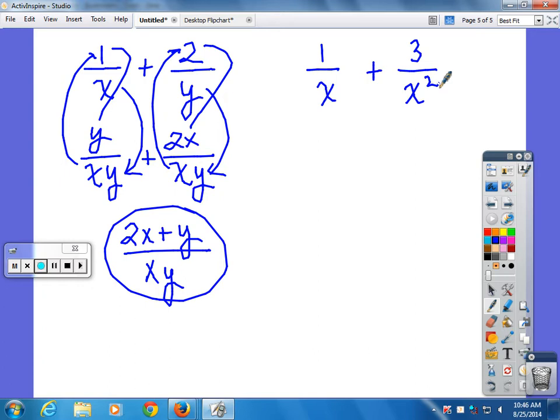Write that down, because some of you don't know that. So what's the common denominator of x and x squared? X squared. Now, I'm not going to write it like that because I want some of y'all to think. So instead of x squared, I'm going to write it x times what? X.